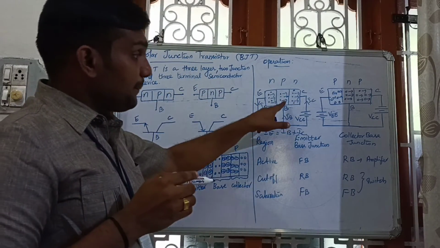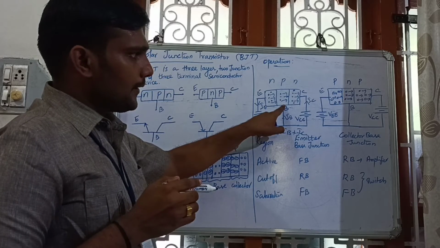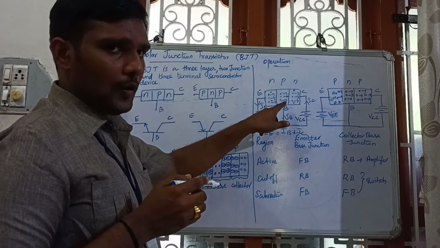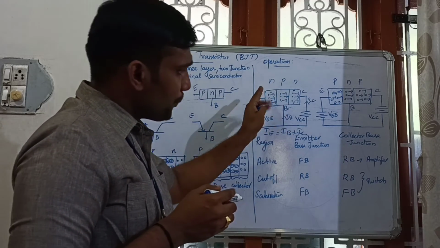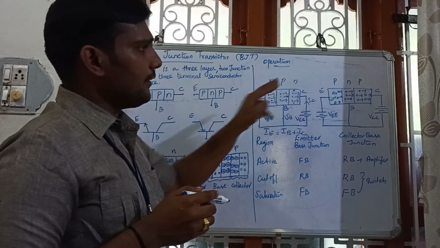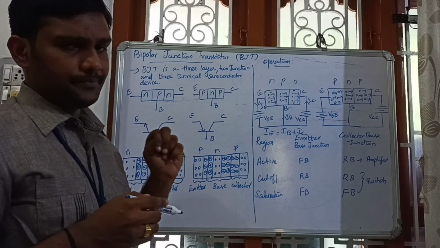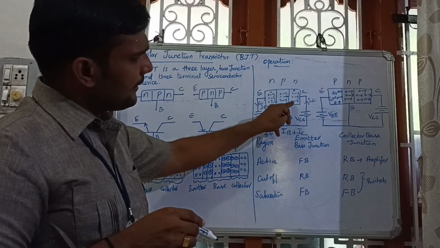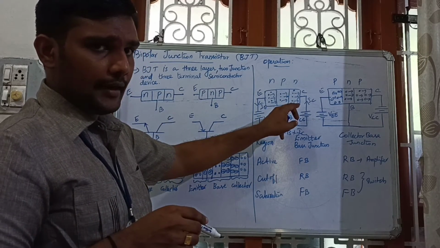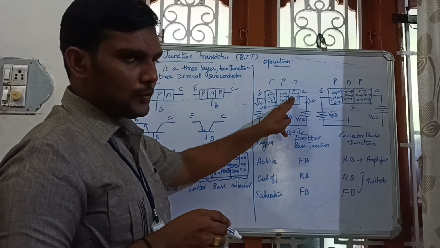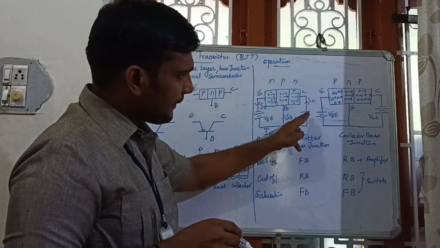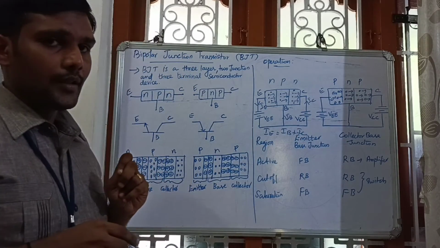In the base region, some of the electrons recombine with the holes, and the remaining electrons are pushed into the next N-type region. In the N-type region, there are already electrons, along with the coming electrons, which will be attracted by the positive supply.